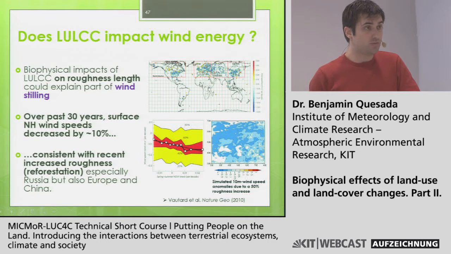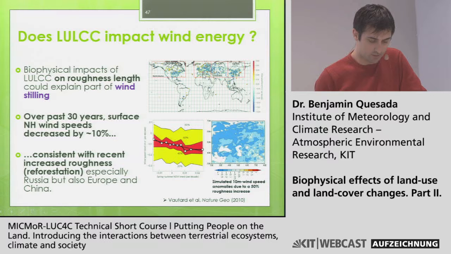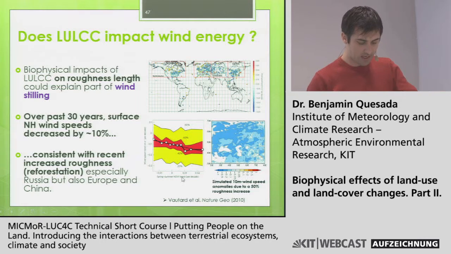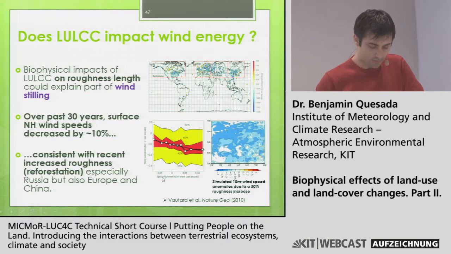And they tried to attribute this decreasing trend in northern hemisphere wind speeds to roughness length. So they looked at meteorological stations, and when the NDVI was available for spring-summer, an index of vegetation content, you see that when you increase the NDVI, you decrease the wind speed trends.